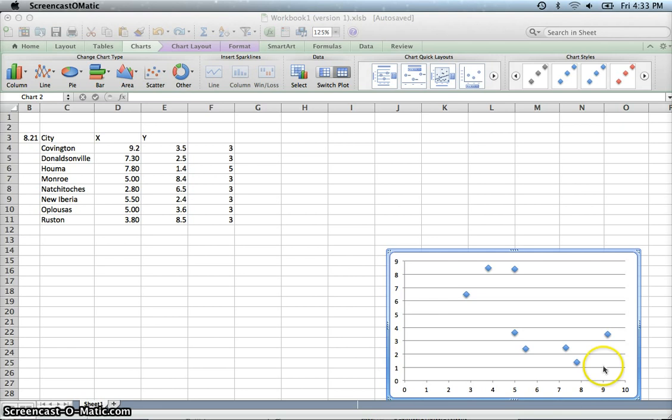Think about it this way. Here are all the locations. I did a scatter plot of the x's to the y's. This one must be Covington, 9.2 on the x-axis and 3.5 on the y-axis.